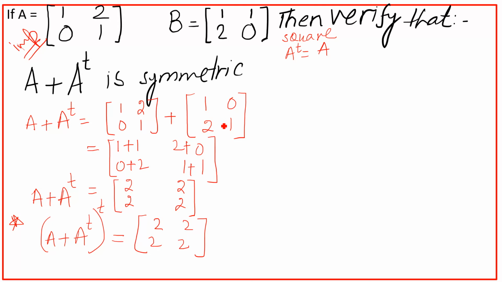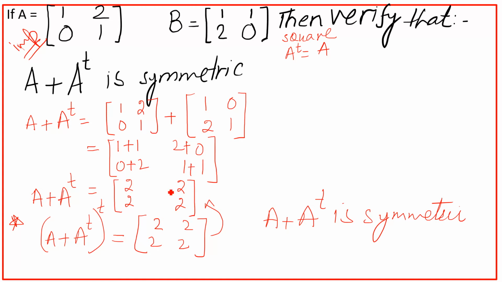Forget about this thing. So see, A plus A transpose is equal to our original one, this one. Both are same. It means that A plus A transpose is symmetric, and this is the theorem. This is the theorem, and a very important theorem.